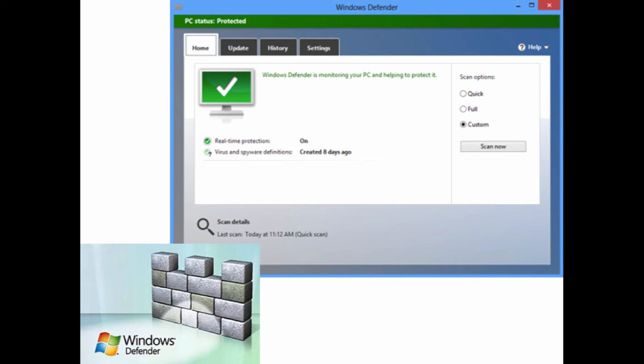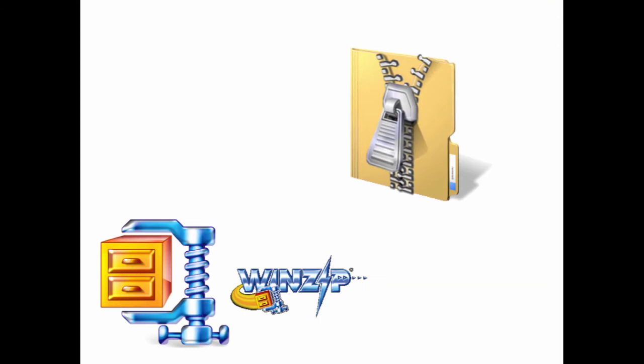A third utility software is compression. Here is a well-known one called WinZip. Its job is to zip up files or to compress them. By compressing files, we make them smaller and therefore gain some extra space on the hard drive. But it's also a way of being able to group a number of files and attach them to an email.